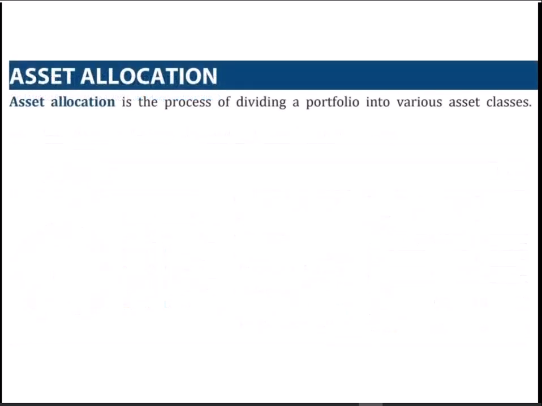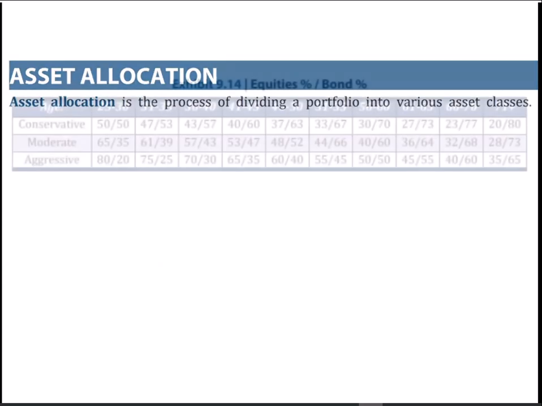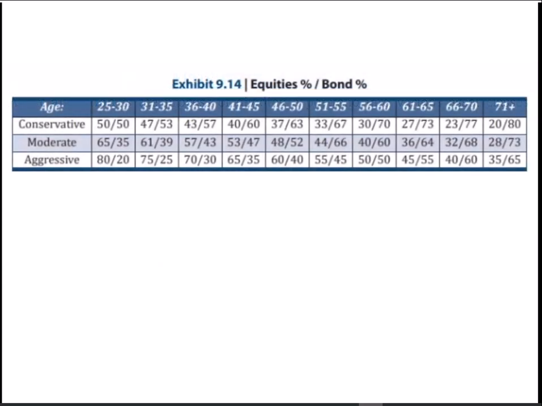The last thing on the bottom of your page is an asset allocation chart that financial planners would use to guide them. This is percent equities, which are once again stocks, over bonds. If you're 25 to 30 and you're kind of aggressive, you should have 80% in stocks, 20% in bonds. If you might need your money for a down payment on a house, you might be more conservative.